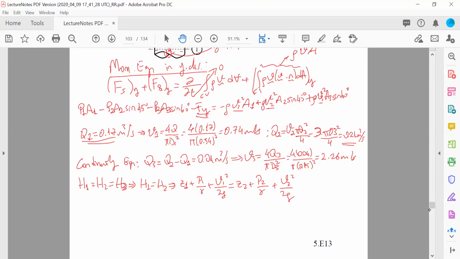We have this pipe laid out in a horizontal plane so that elevations are the same, cancel each other. And from here, let's continue. P1 was given 70 kilopascal divided by 9.81 kilonewton per meter cube. And V1 was 0.74.